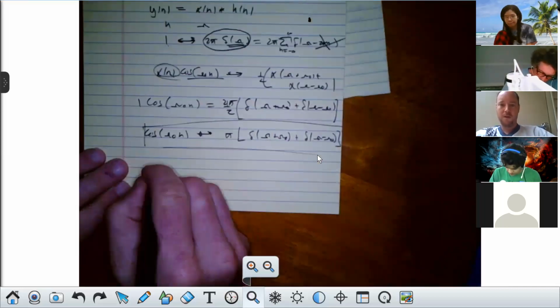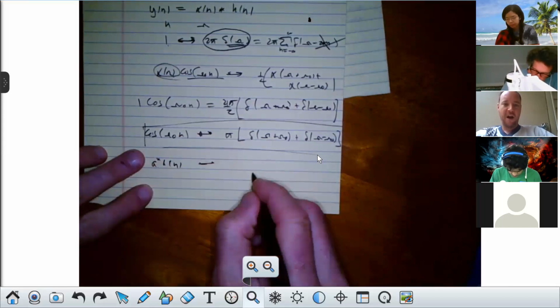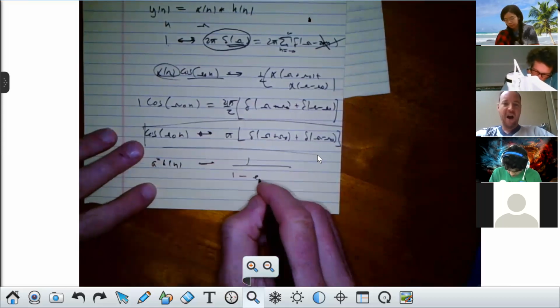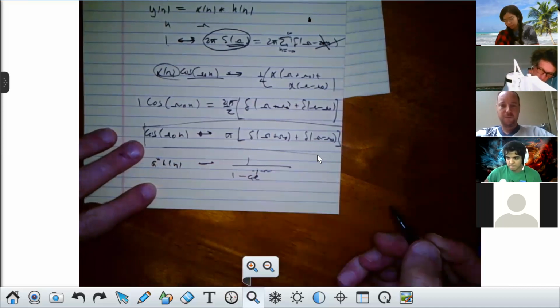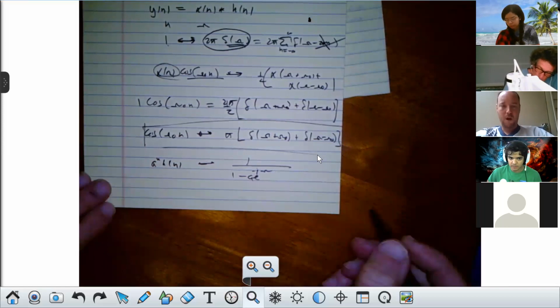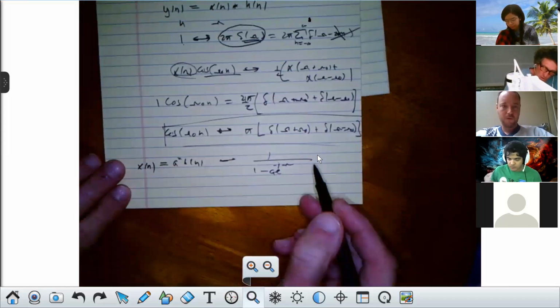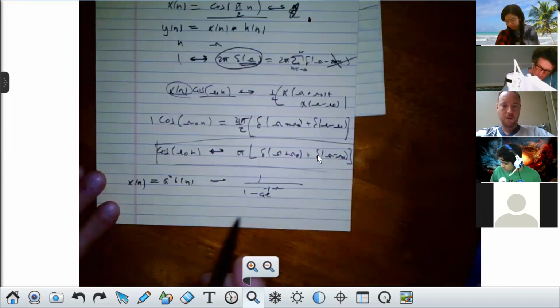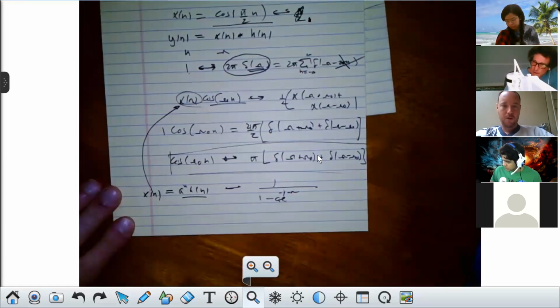So first we know that if we have a to the n u of n, that simply goes as 1 over 1 minus e to the minus j omega, correct? Right. And if you look at that as your x of n, that's being multiplied by cosine. So if this becomes this x of n, can everybody follow me?